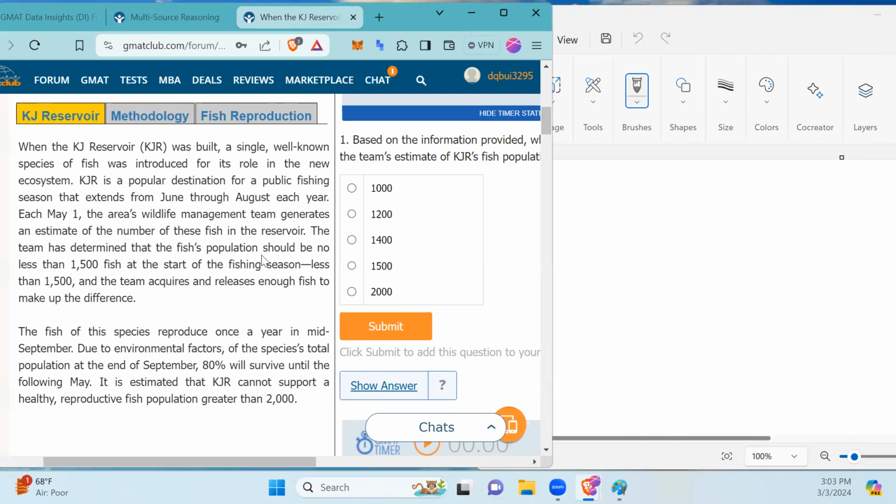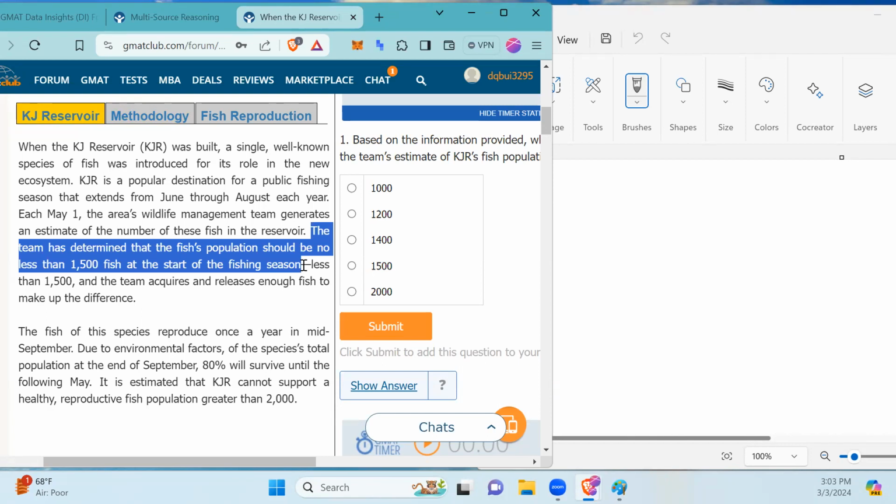So wait, hold up. Where does it say that they estimate that there are about 1,500 fish? You mean here? So they're saying that the team has determined that the fish population should be no less than 1,500 fish. You know what I mean? Yeah, it could be higher.